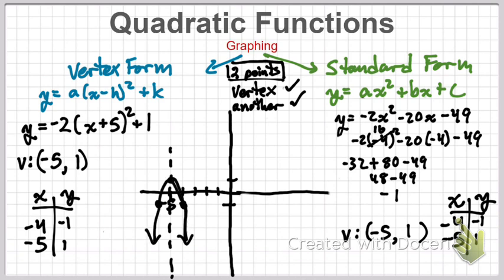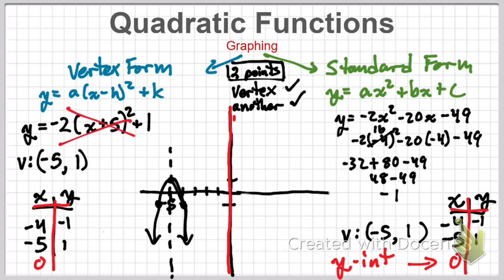Now, if you didn't choose another point that's close to the vertex, you could have chosen the y-intercept, just like we noted before. Now, the y-intercept has a 0 for the x, and remember, that's the point on this line that crosses the y-axis. I'm not even going to bother plugging this into the vertex form because I'm getting tired of this video.